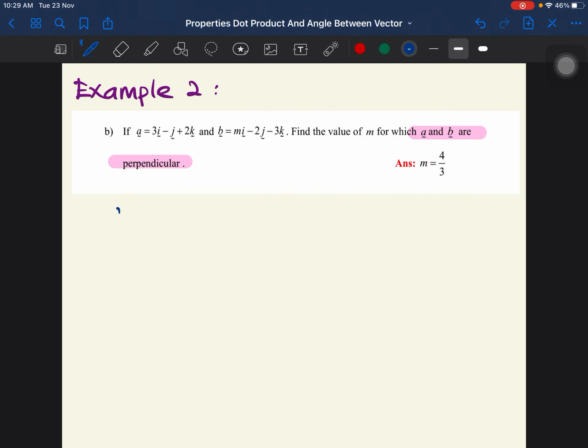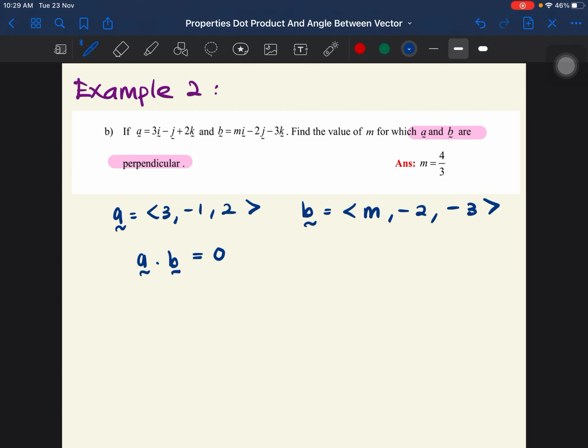Okay, so vector A is equal to (3, -1, 2), and vector B is equal to (m, -2, -3). Okay, so by using properties we know that A dot B is equal to 0.